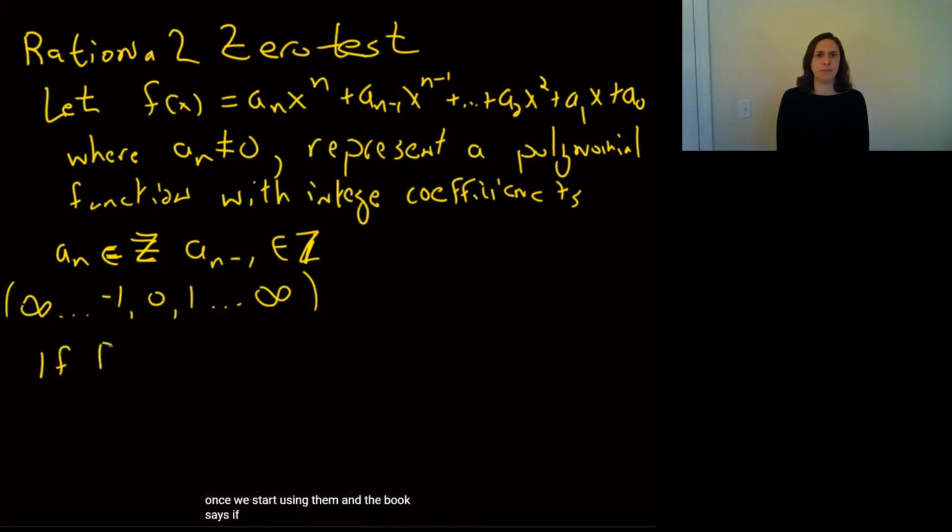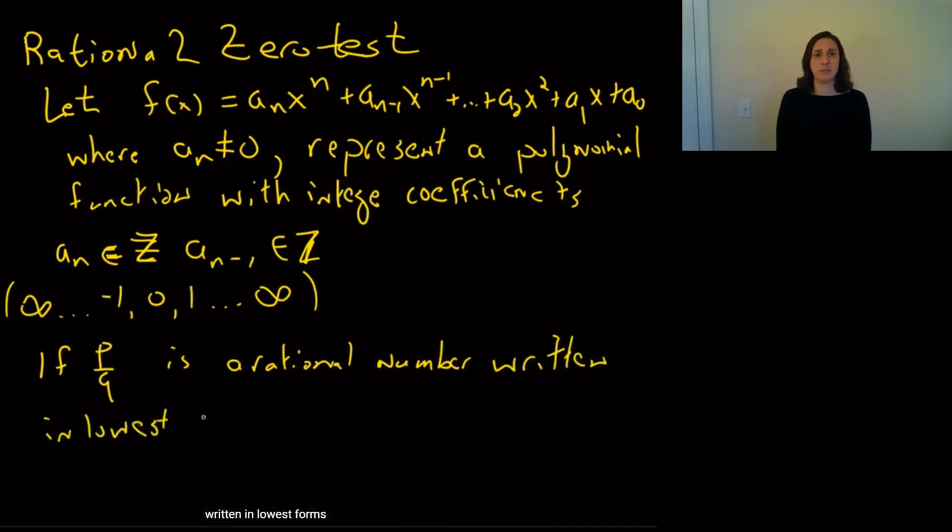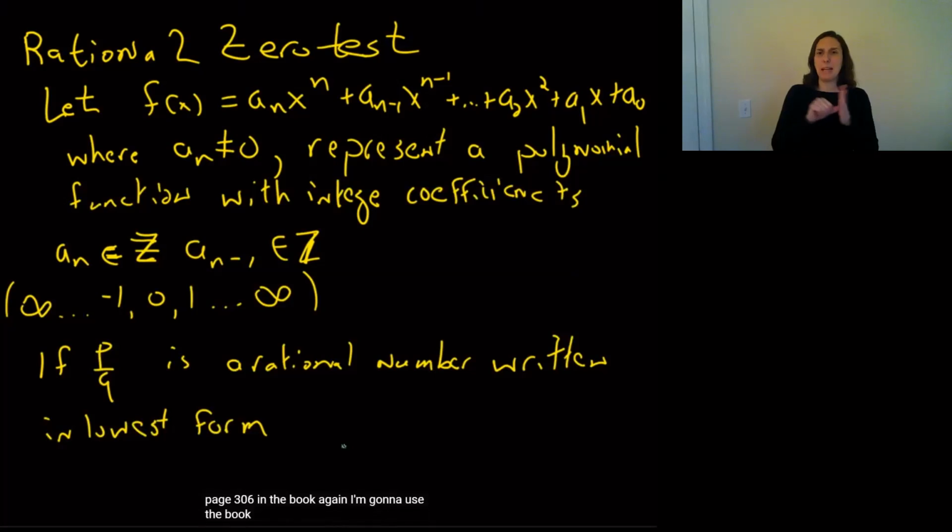And the book says if p over q is a rational number written in lowest form, and this is on page 306 in the book. Again, I'm going to use the book speak, but then we're going to use it.